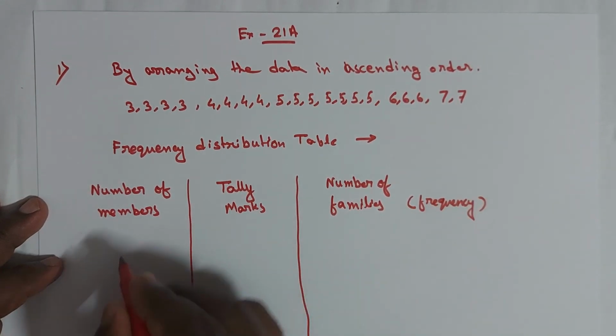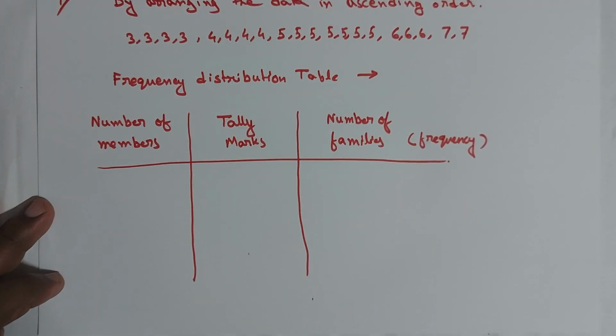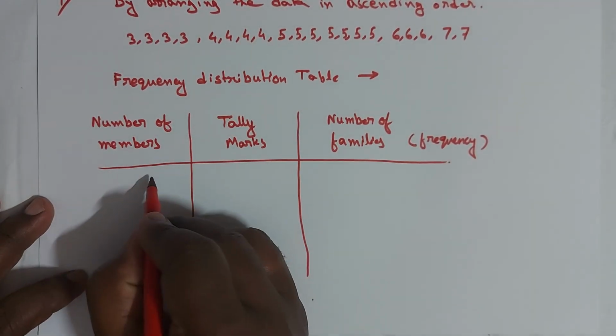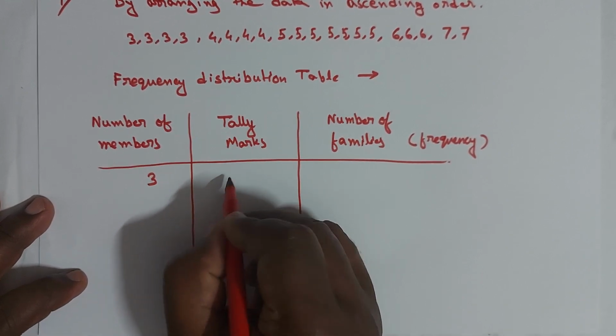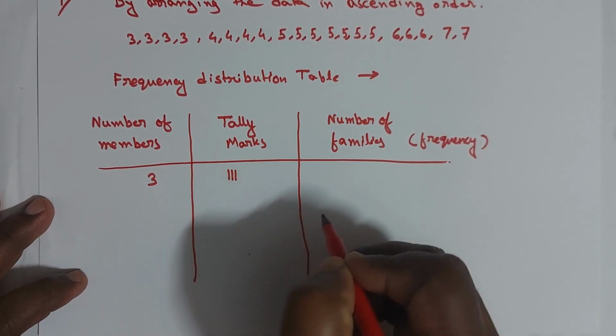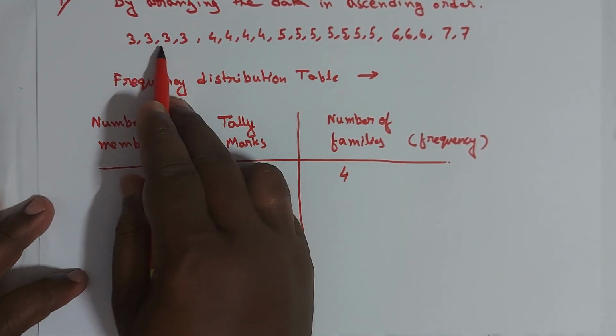So number of members, first is 3. Tally mark of 3 is 1, 2, 3 in this way, and frequency is 4 times 3 are there.